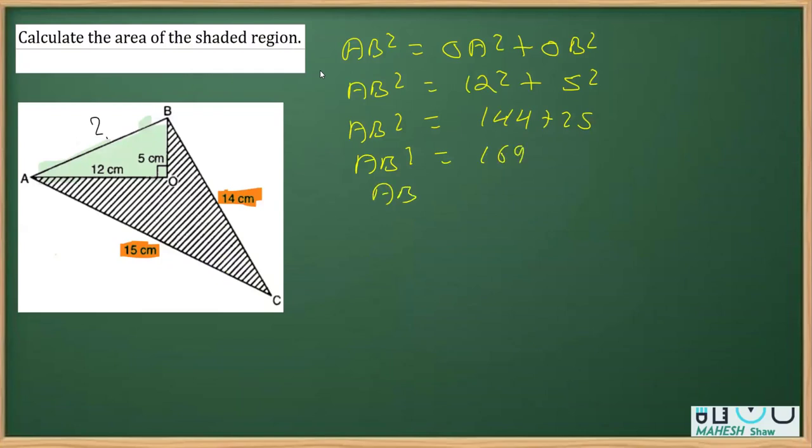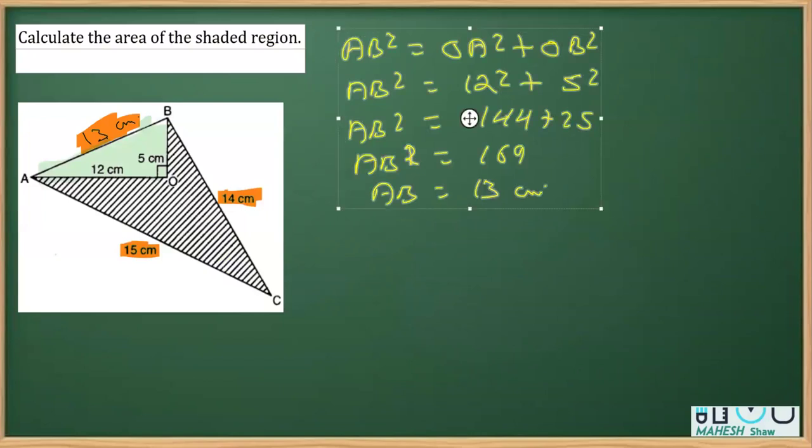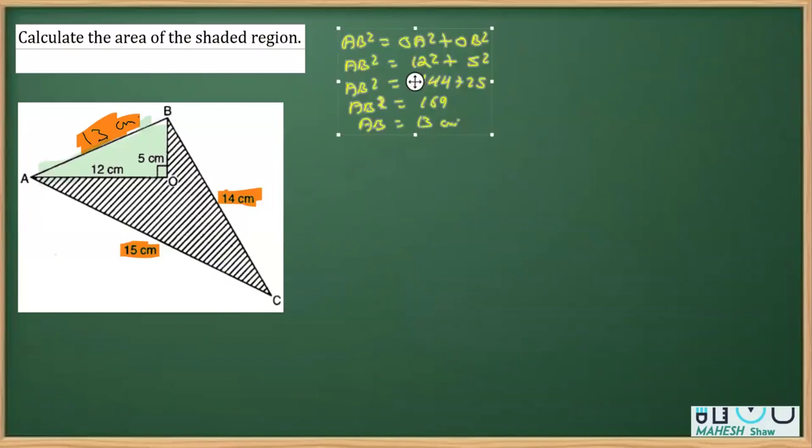This gives the value of AB as under root 169, which is 13 centimeter. So we got the length of this AB, which is 13 centimeter. Now we know the length of all three sides, so we can apply Heron's formula to get the area of this triangle ABC.